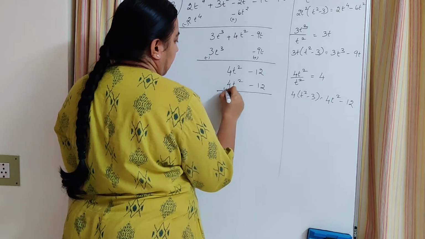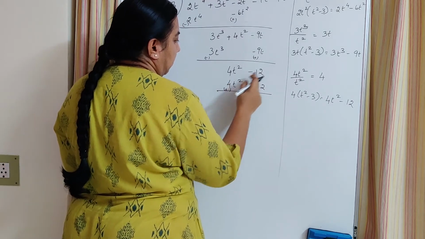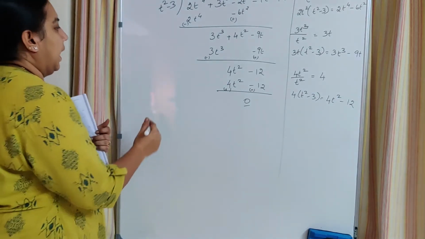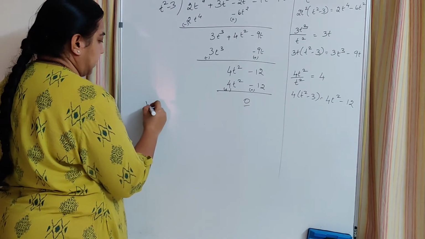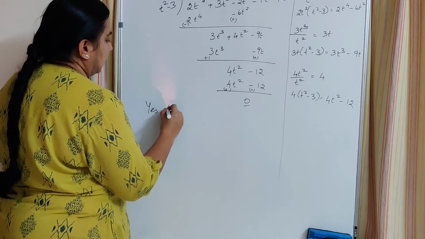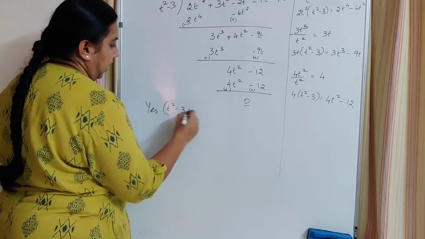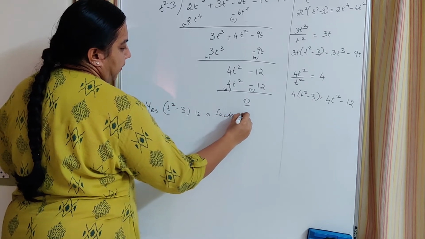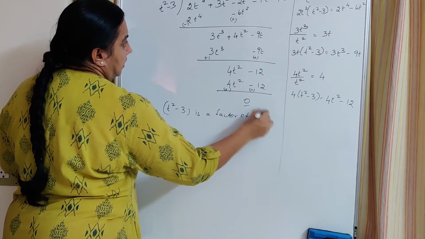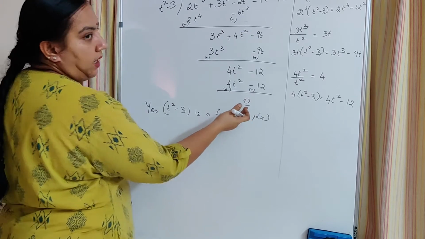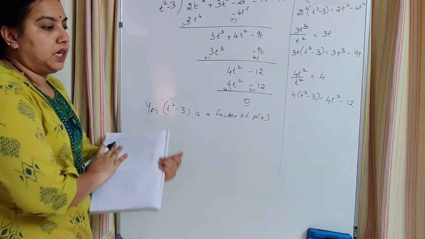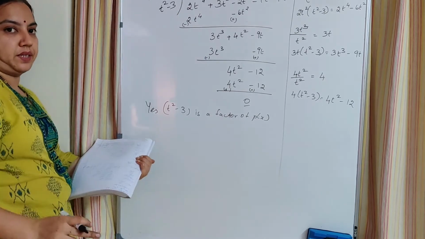And then I am changing the symbol again. So both the terms get cancelled. The remainder becomes 0. And so I can write, yes, t square minus 3 is a factor of p of x. I have divided it, I got 0 as the remainder. So it means t square minus 3 is a factor of p of x.